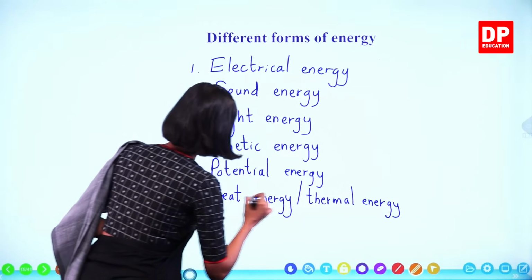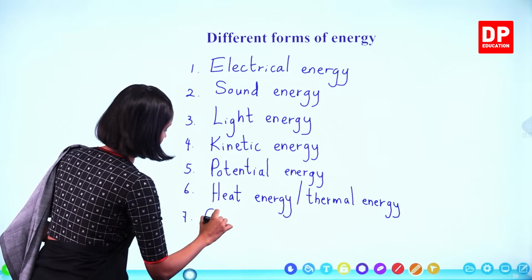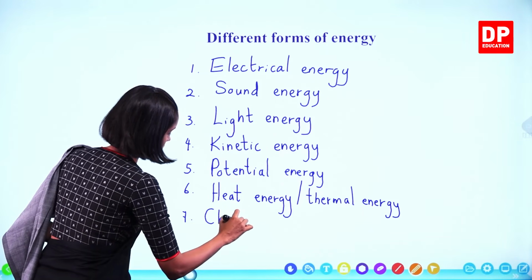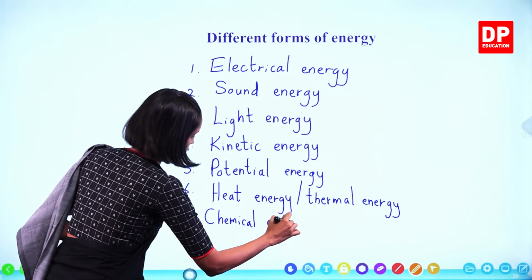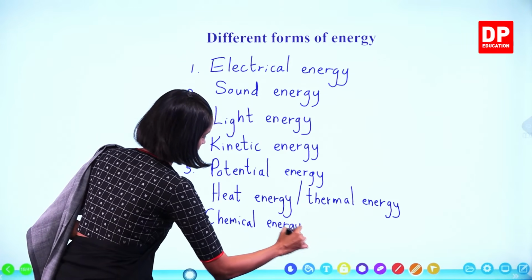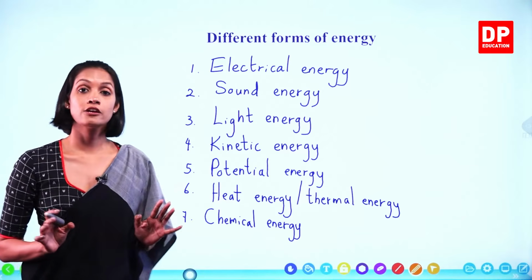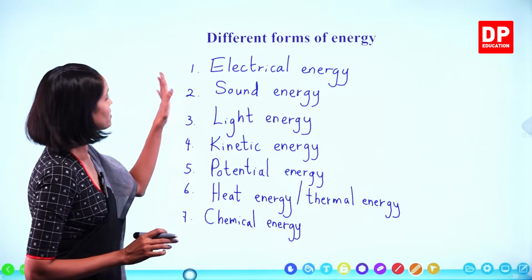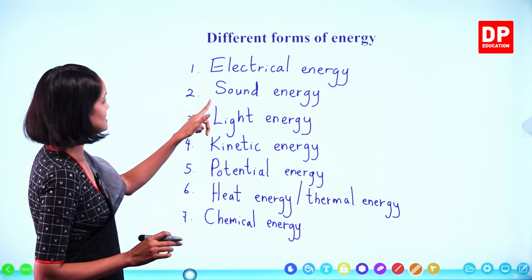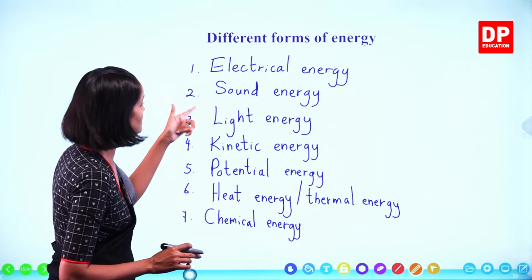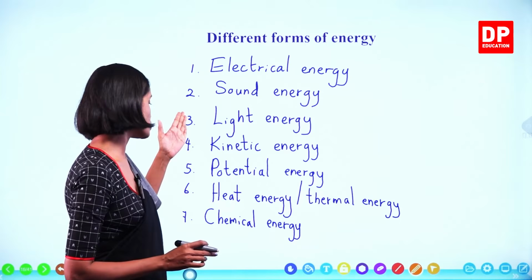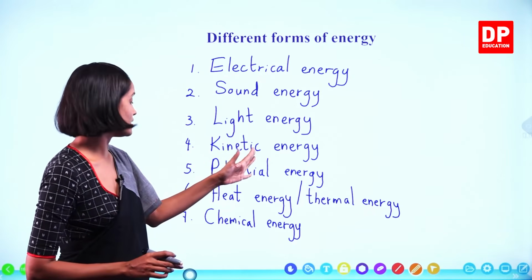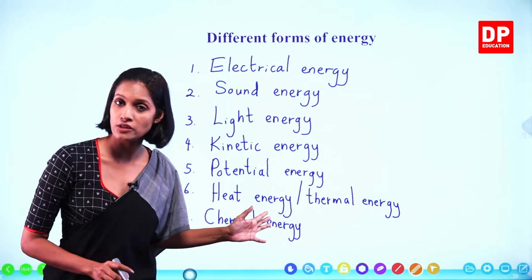And finally we discussed chemical energy. Right, children? So, different forms of energy: electrical energy, sound energy, light energy, kinetic energy, potential energy, heat or thermal energy, and chemical energy. Right?